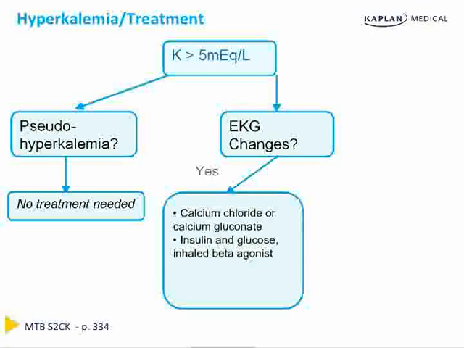Both of these are going to be aimed at facilitating the shifting of potassium from outside the cells back inside the cells. You can consider giving bicarbonate if you think acidosis is the cause of the hyperkalemia, because acidosis causes the shifting of potassium from inside the cells to outside the cells. Making the blood more alkaline can cause the potassium to shift the other way.